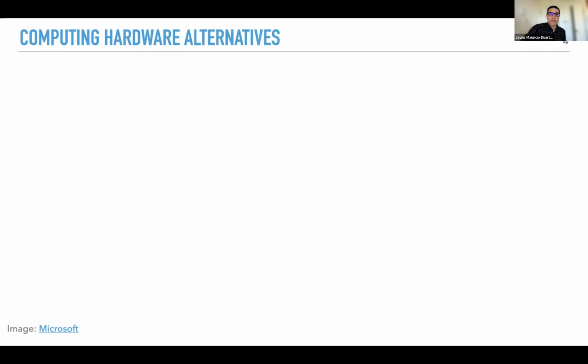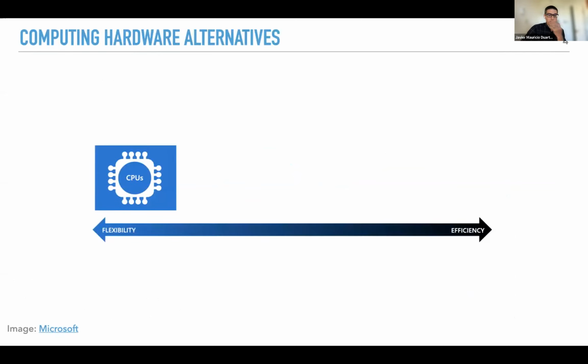So just to quickly recap, what are the differences between these different hardware alternatives? The CPUs, which we're all very familiar with, are the most flexible. They can do any computation, but fundamentally it's mostly a serial computation, even though there are of course multi-core CPUs and multi-core computing now.